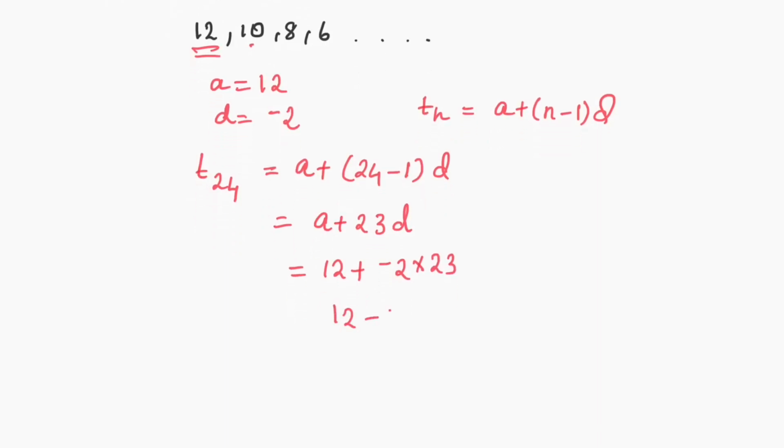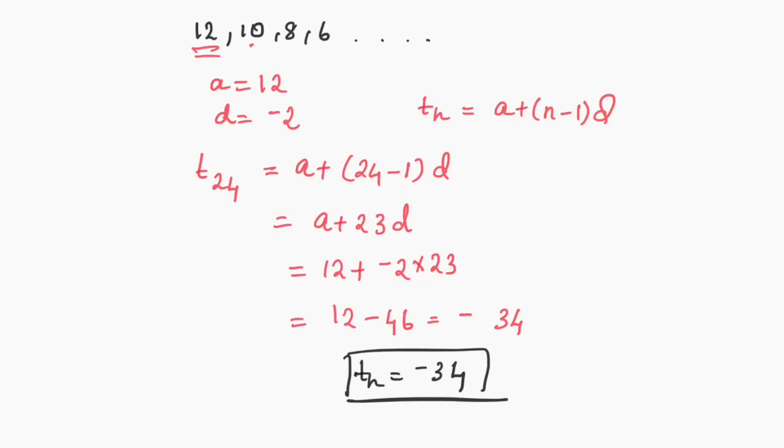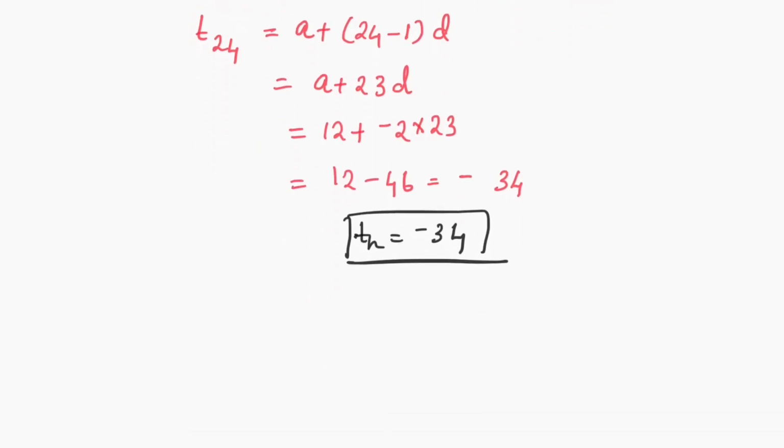So what do you get? 12 minus 46 equals minus 34. So T24 is equal to minus 34. That is your 24th term.